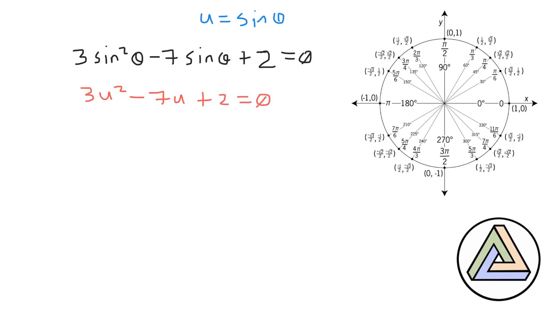Now, we have this leading coefficient of 3, which sort of complicates things. We can't just factor it in a quick and easy way. We have to pull out some tricks of the trade. Well, first of all, we've got to ask ourselves, is this factorable? Because if it's not, we might have to use the quadratic formula. Now, I can tell already just by looking at it, and you could tell perhaps by looking at it or trial and error, that actually it is factorable.